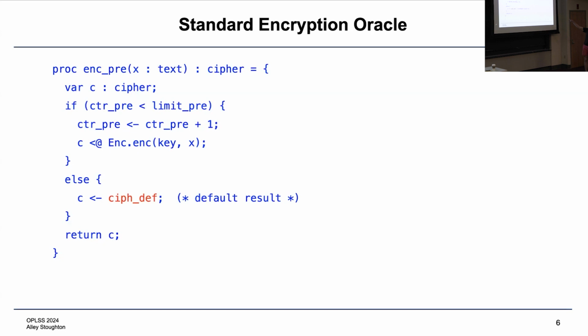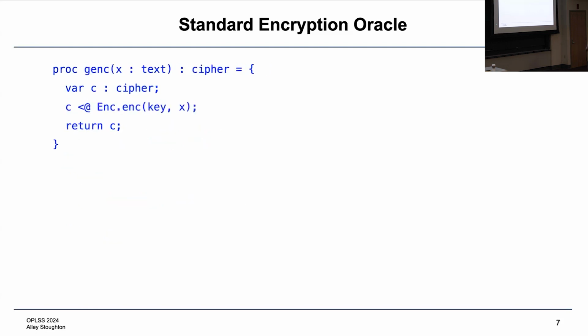If so, it increments the counter and then does encryption using this key. Otherwise, we get this dummy result. As someone pointed out, it really could be anything. It could even be random. This constant limit pre is something that the adversary knows also, and so it can predict that it's not going to get any good results after some point.